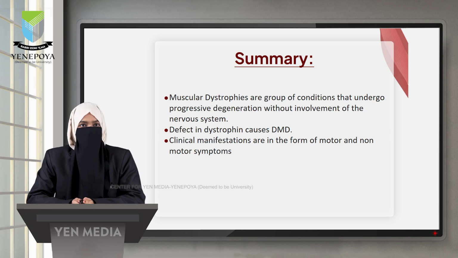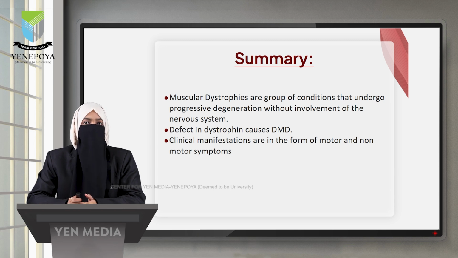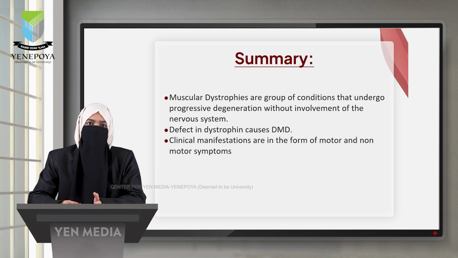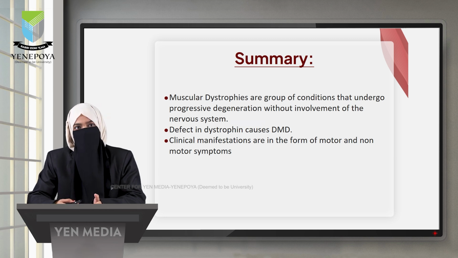So a summary of all this: muscular dystrophies are a group of conditions that undergo progressive degeneration without involvement of the nervous system. Year by year, the condition deteriorates. A defect in dystrophin causes DMD. Dystrophin is a protein that is required for contraction. If this dystrophin is mutated for any reason, that causes DMD.